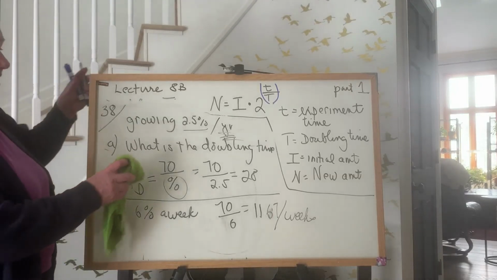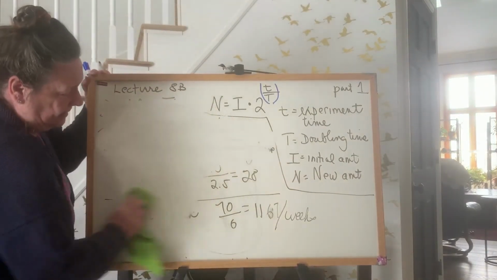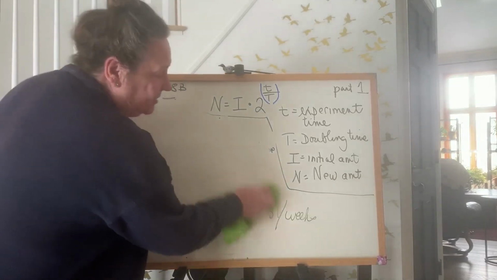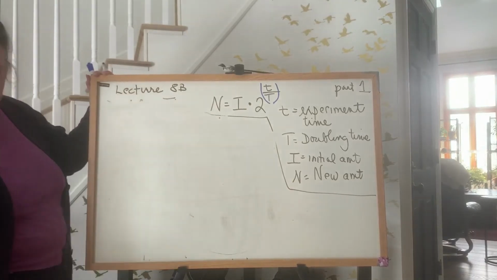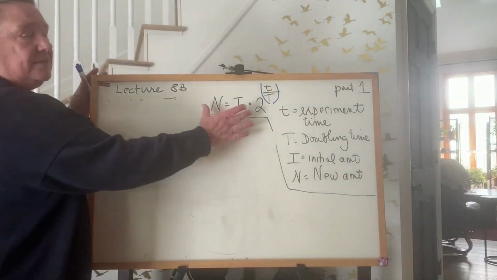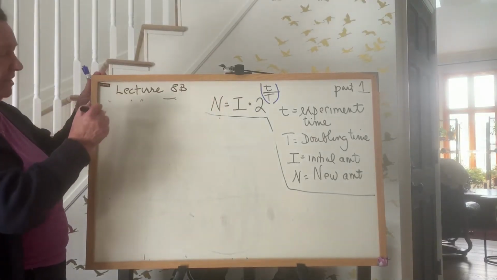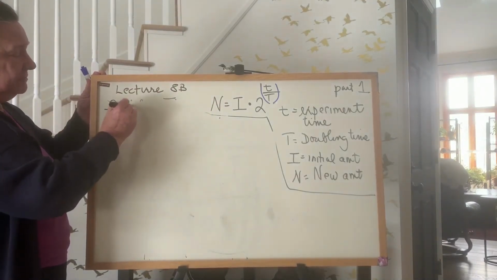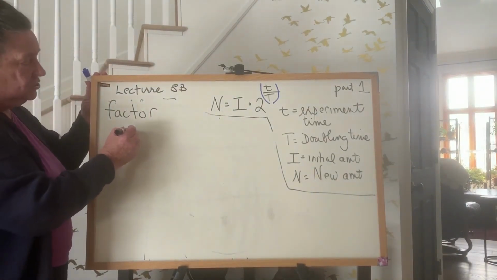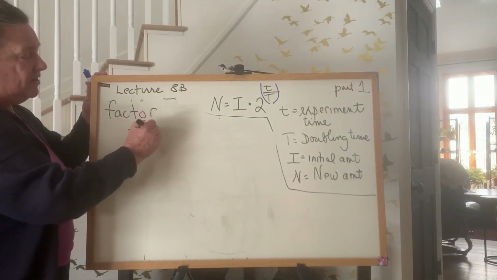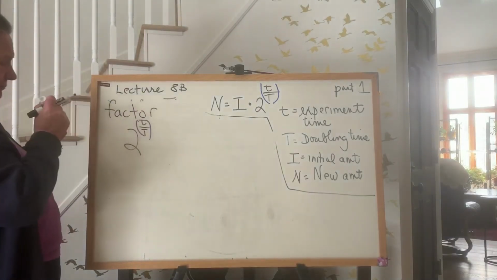The third formula is even simpler than this one, and it is called the factor formula. I'm going to go back to my original formula. See right here? The factor part is inside that formula. The factor is just 2 to the little t over big T, with parentheses here.